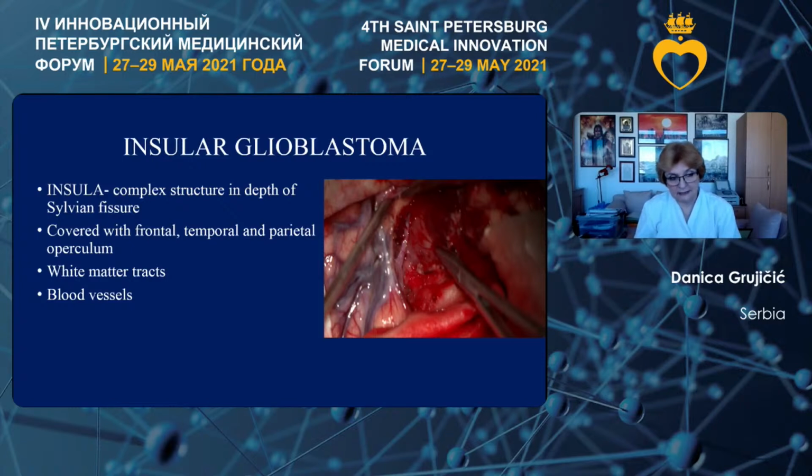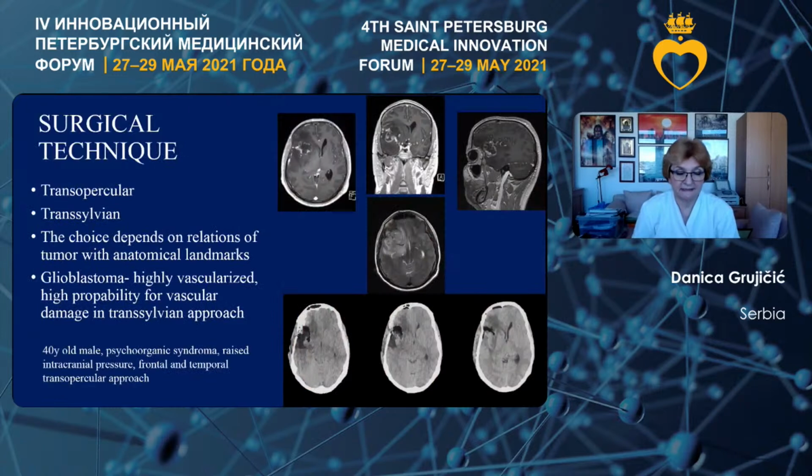So if it's a low-grade glioma, it's a difficult thing, but if it's a high-grade tumor like a glioblastoma, sometimes the neurology of the patient after the surgery gets worse. We're using two techniques: transopercular, after craniotomy.